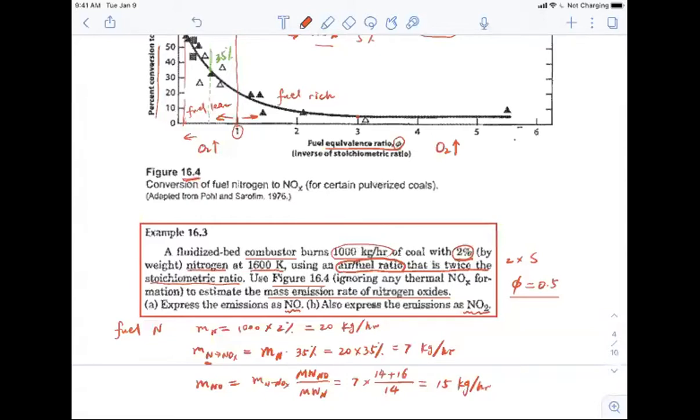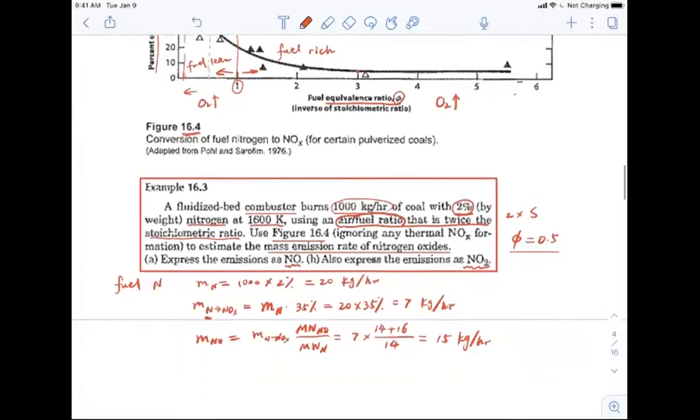And we could do the same for nitrogen dioxide. Basically, you have M_NO2 equal to M_n to NOx divided by the molecular weight of nitrogen, multiplied by the molecular weight of nitrogen dioxide.